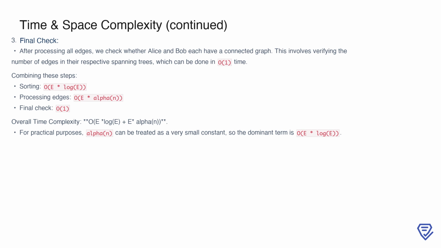Therefore, the overall time complexity of the solution is O(E * log E + E * α(n)). Since α(n) is effectively constant for all practical purposes, the dominant term here is O(E * log E). This provides us with an efficient solution to handle large graphs within a reasonable timeframe.